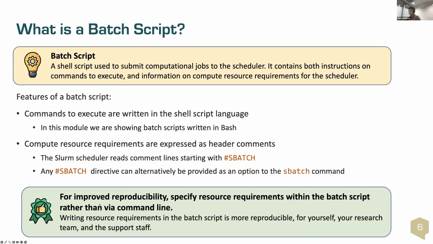So one best practice for improved reproducibility: specify resource requirements within the batch script rather than via command line. Writing resource requirements in the batch scripts is more reproducible for yourself, your research team, and the support staff. Basically, reproducibility is very important, especially when you're in trouble and you don't know what happened.